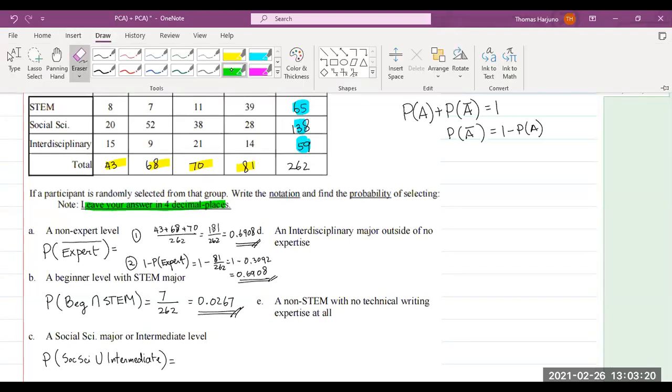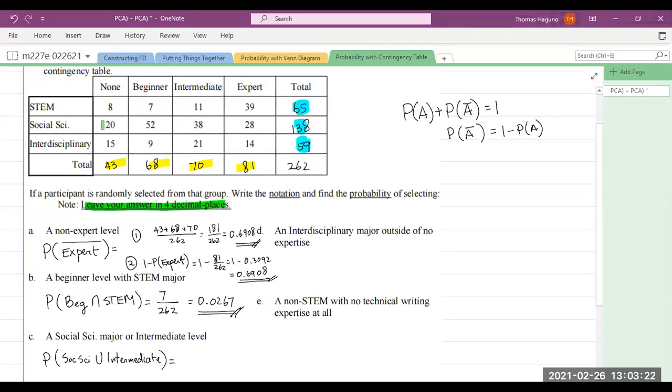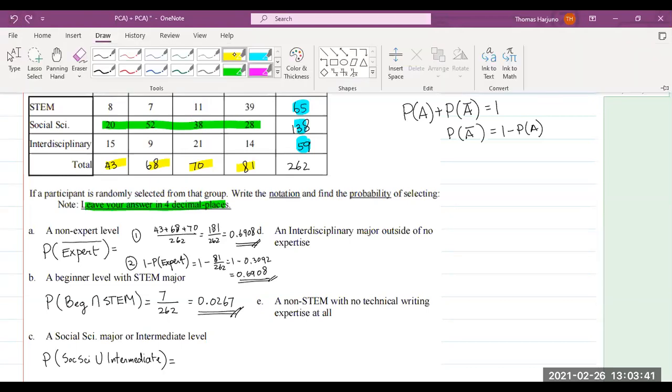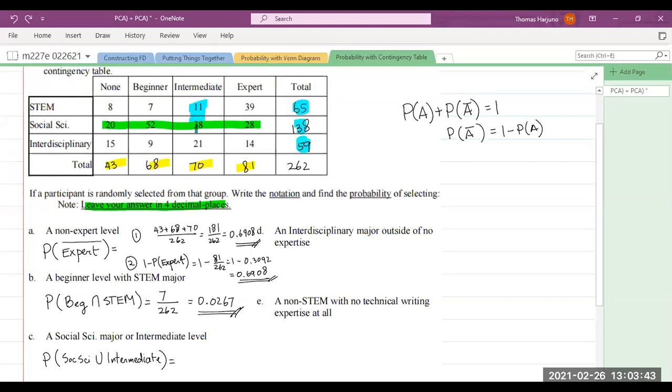Let's see. Social science refers to everybody here. Okay. Or intermediate level, everybody here. Oops. Oh, that's not a good color. Let me use this one.